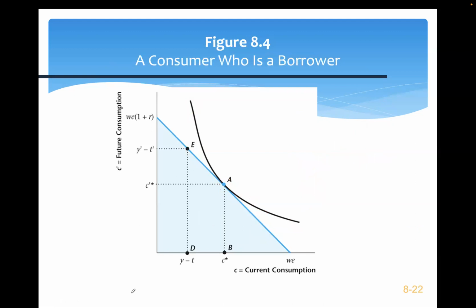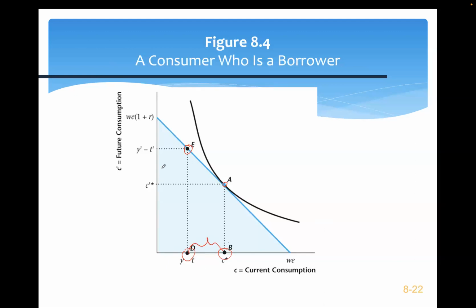Now let's consider two possibilities to see what that means to each individual. Number one, you may have an endowment here, and your choice is going to be here. That means you want to consume more than you have today. The way you can do that is you must borrow. So this is your borrowing.